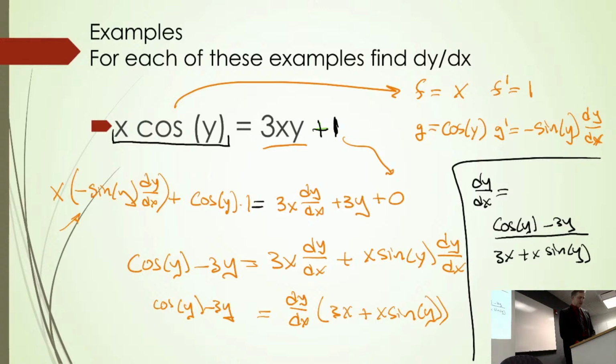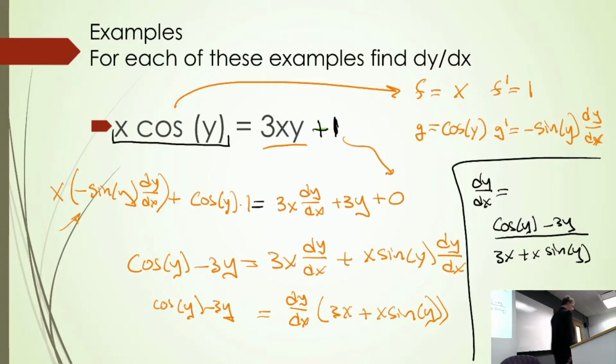There's nothing I can do to make it easy on myself. I was going to pick a point on that curve, and whatever I pick, say y equals pi over 2, which would make this 0, then I'd have 3x times pi over 2 plus 1 equals 0.